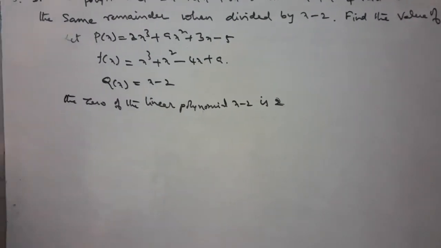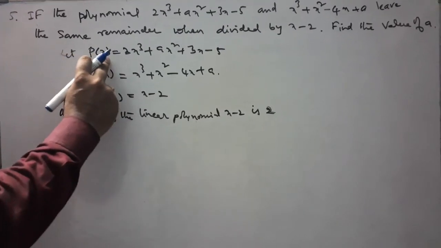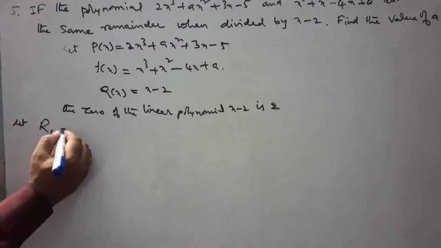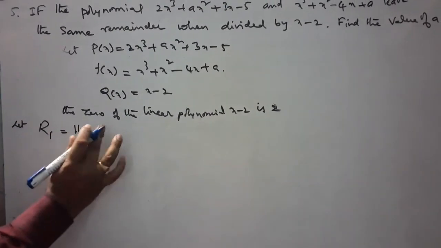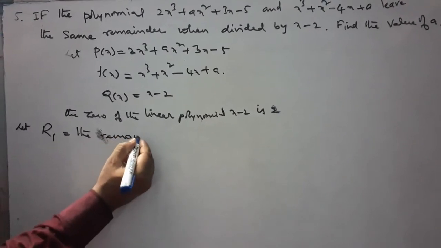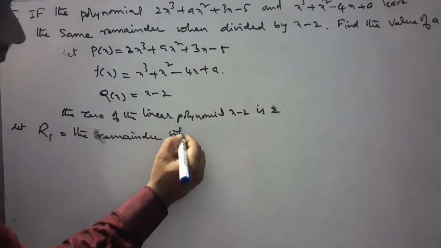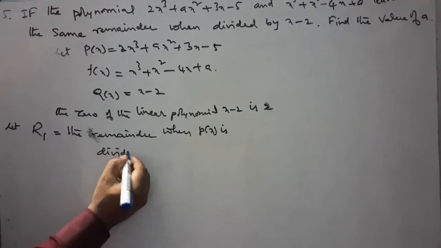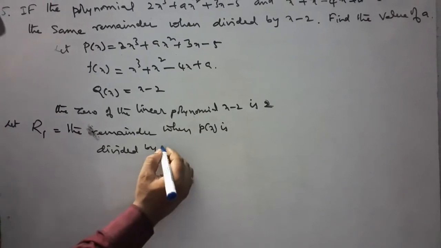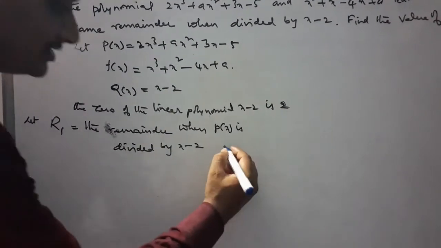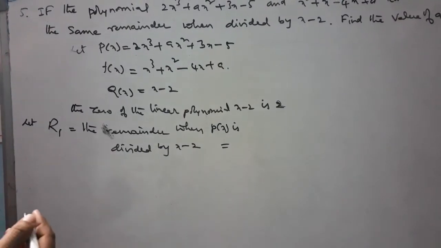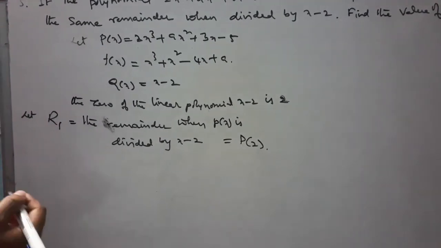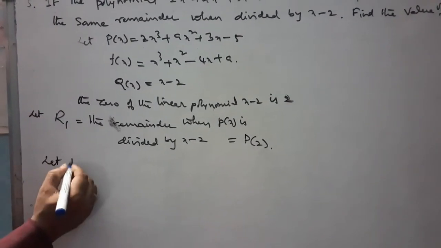Now we have to find the remainder when p of x is divided by x minus 2. So now I am taking r1. Let r1 be the remainder when p of x is divided by x minus 2. That is nothing but, by the remainder theorem, we will get p of 2. And let r2, what is r2?